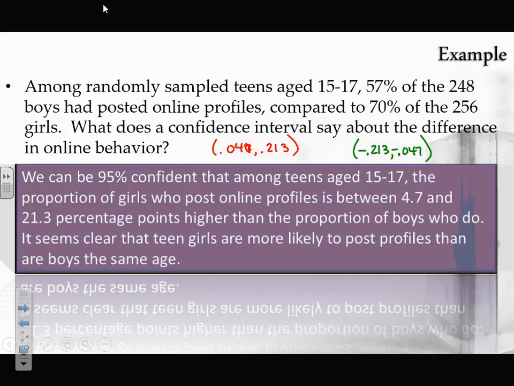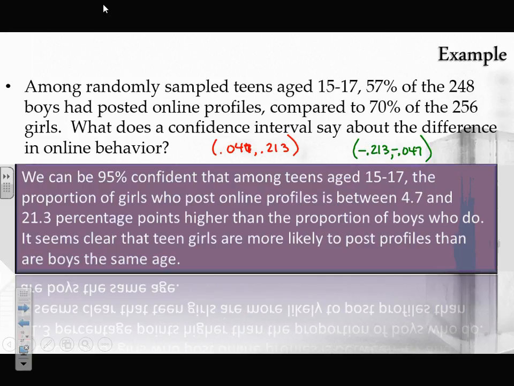Okay. So the second part, now this first part is truly the interpretation I would want to see from you guys. So we're 95% confident that, and then insert the context. Okay. The second part is just another statement you could make to kind of clarify what this means then. It seems clear that teen girls are more likely to post profiles than are boys the same age.